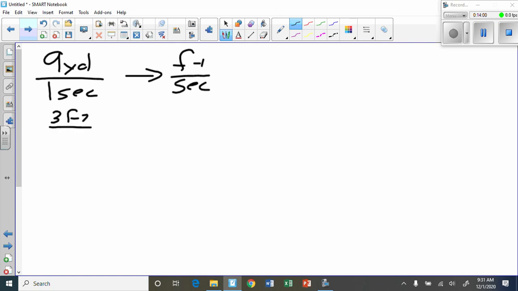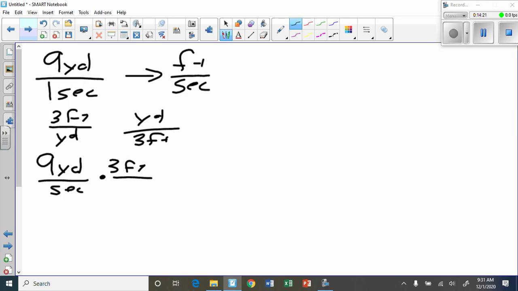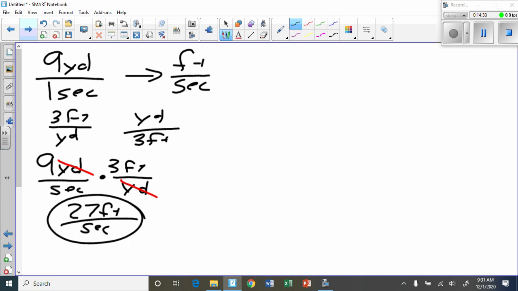Nice job. 3 feet over 1 yard, or 1 yard over 3 feet. And then I take my original, 9 yards per second times, which one will help me cancel? And then I cancel my yard. 9 times 3 is 27 feet per second. Does that make sense to you?